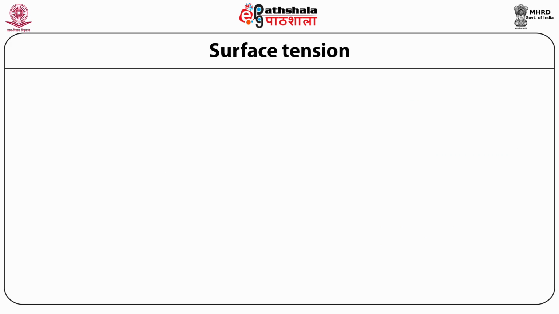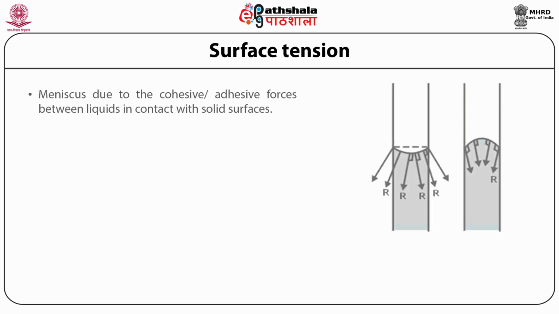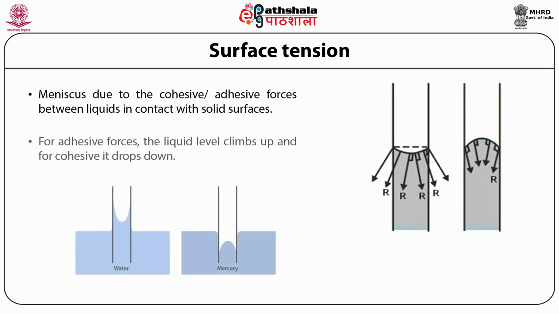Due to this surface tension of liquids, you see many interesting phenomena. One of them is the meniscus. What is meniscus? It is due to the cohesive and adhesive forces between liquids in contact with some solid surfaces. Due to adhesive forces, the liquid level climbs up, and for cohesive forces, it drops down.